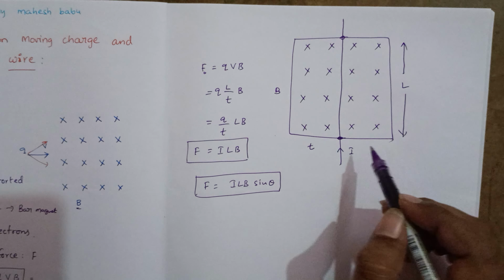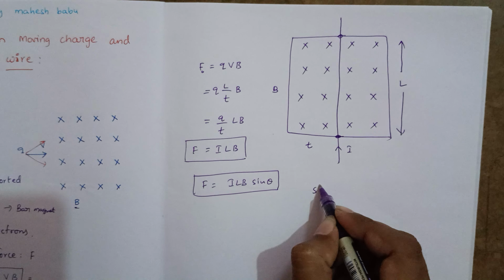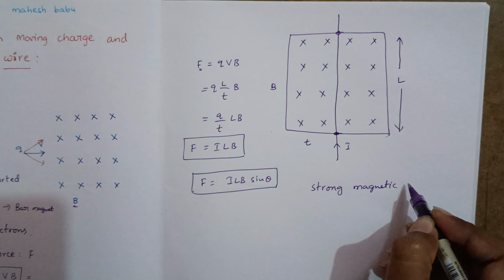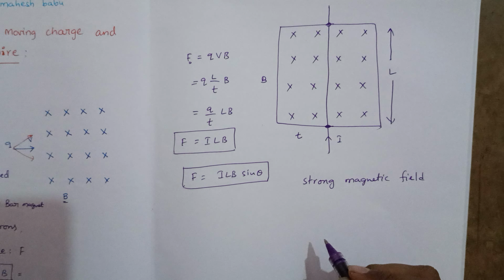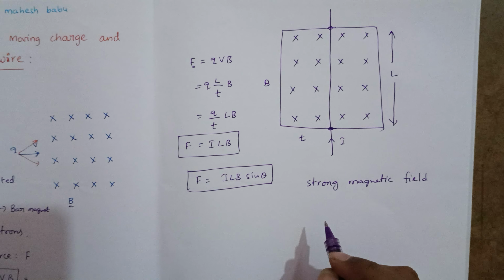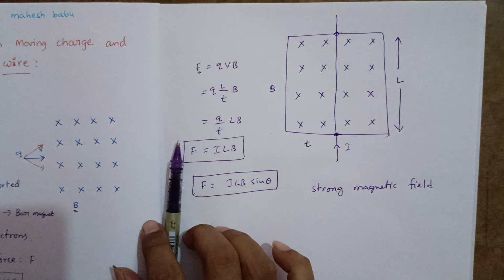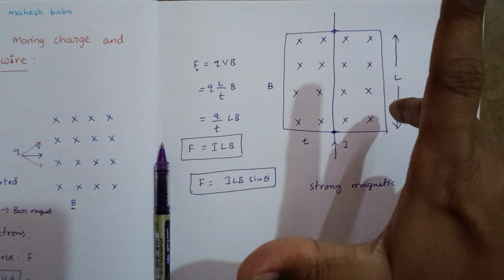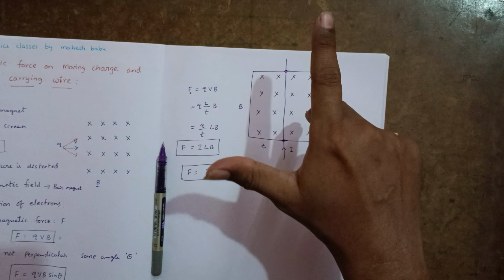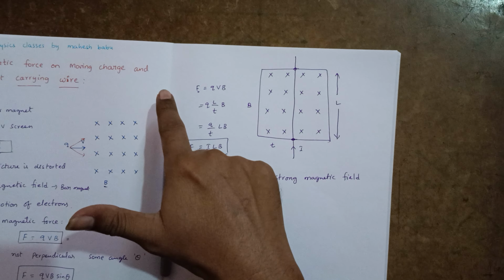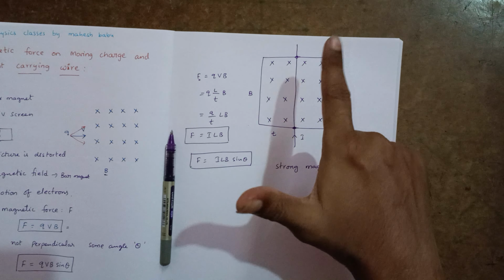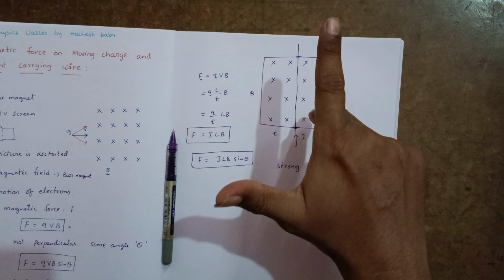Now due to that force, the wire will be shifted from the strong magnetic field to the weak magnetic field. Here we already saw the current is flowing upward, arrow mark, and the magnetic field is into the page.